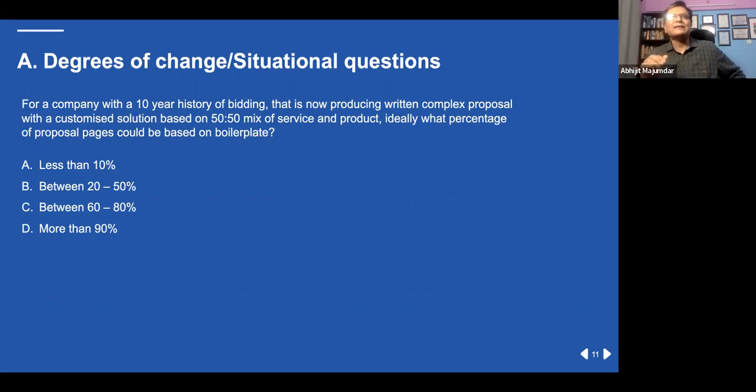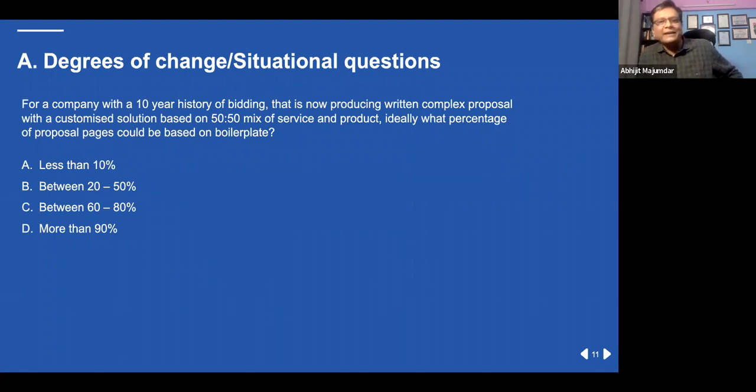Okay, now in this case, you can see it's a very descriptive type of question, like for a company with 10 years of history in bidding, that is now producing a written complex proposal with a customized solution based on a 50-50 mix of service and product. Ideally, what percentage of proposal pages should be based on boilerplate? Now, if you read the question, there are distractors in the question itself.